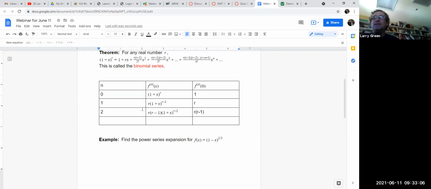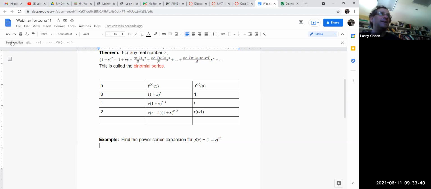What's wrong with it? Yeah, it's a 1 minus x instead of a 1 plus x, but that's not a problem. That's the good news: you're always allowed to use substitution when you're doing a Taylor series or a Maclaurin series. So everywhere you see an x in the formula, you just put a negative x. That's all you have to do. I gave this example so you'd remember to do that. We're going to do it again many times. So let's take a look at this.